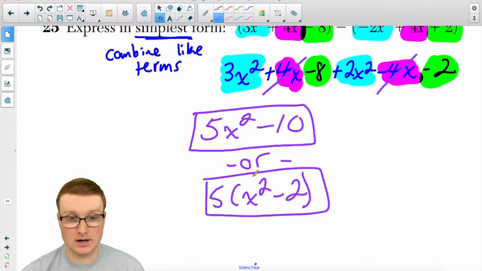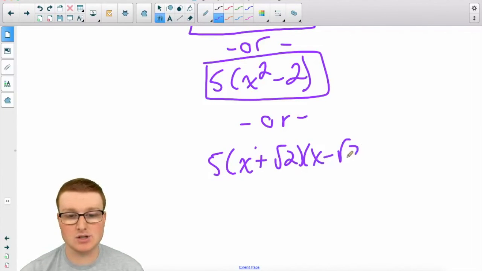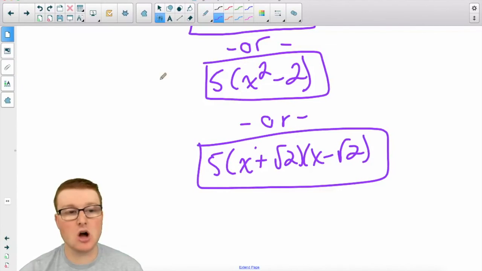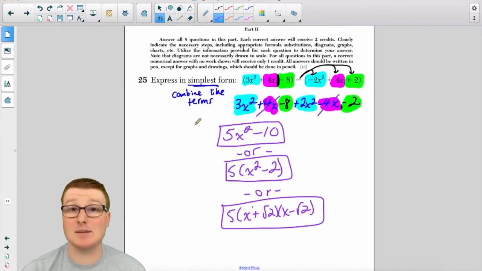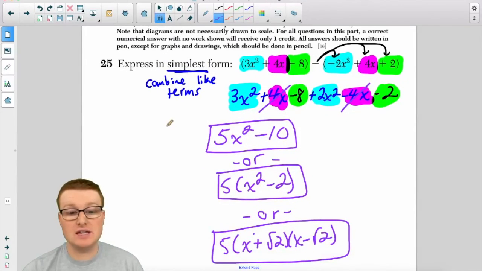Or if you wrote it as 5 times x plus radical 2, x minus radical 2. Any of these answers are completely acceptable. However you did it, as long as you got to one of these three answers, you did it correctly.